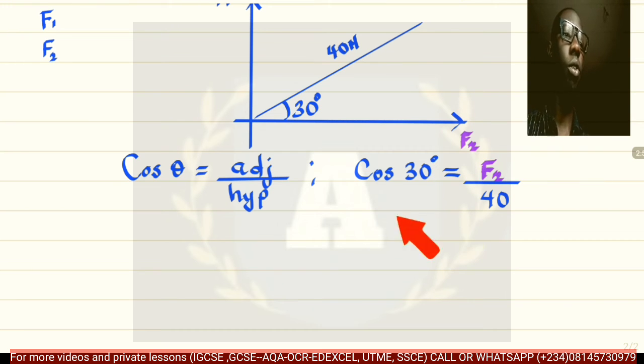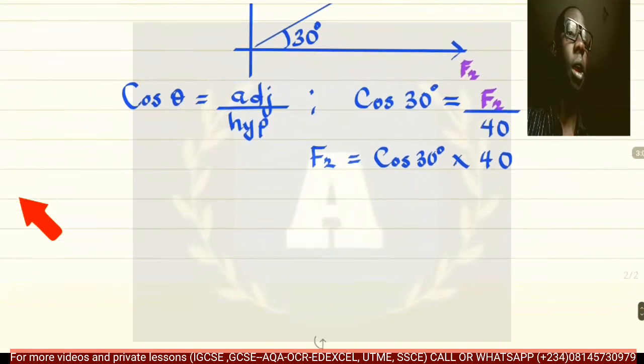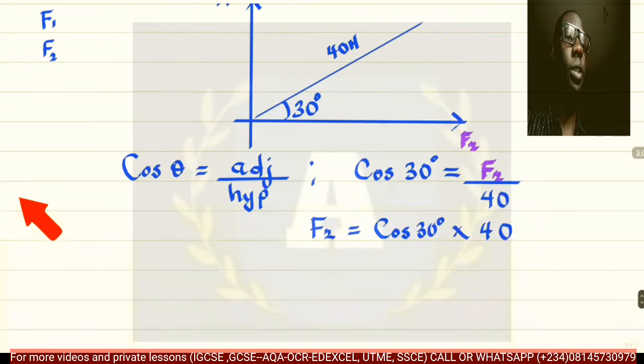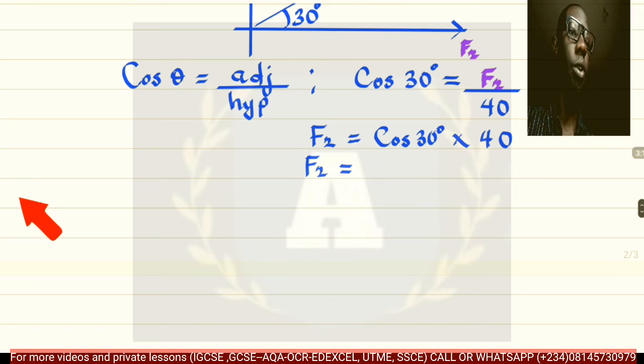So now how do we go? Then on cross multiplication, we have that our F2 is equal to cos 30 degrees multiplied by 40 Newton. All right, so now what is cos 30? Cos 30 has been found to be root 3 over 2 in short form, and in decimal that is 0.866, multiplied by 40.